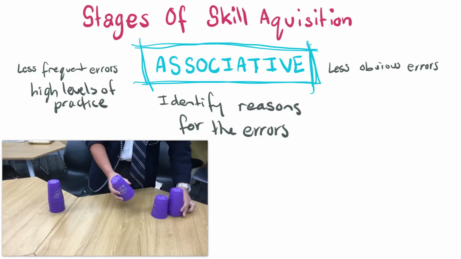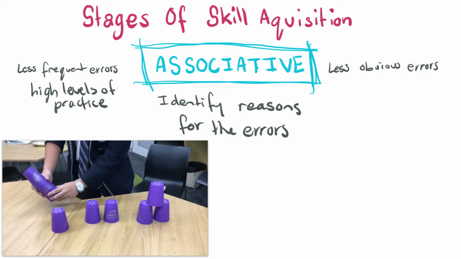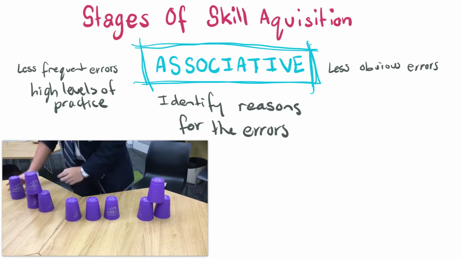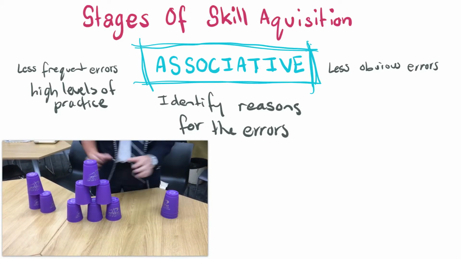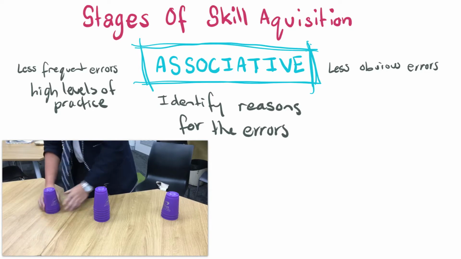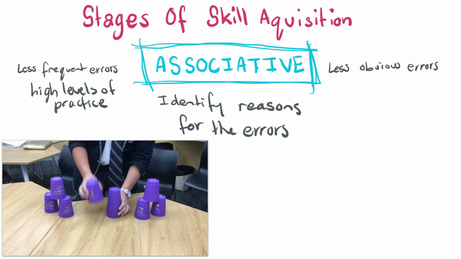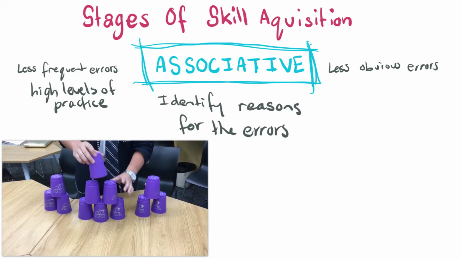Now, most learners will get to the associative stage, and some will never actually progress any further, but just stay at this because they're happy with the level of competency that they're at. And as you can see in the video below, the learner has actually learnt the skill quite well with very few errors. However, the time in which they do this activity is slower than what, say, someone at an autonomous stage would be at.